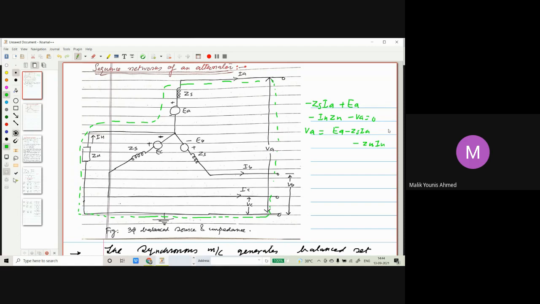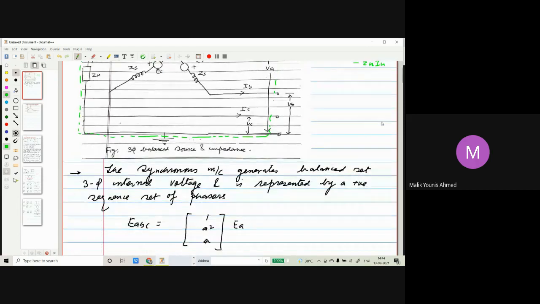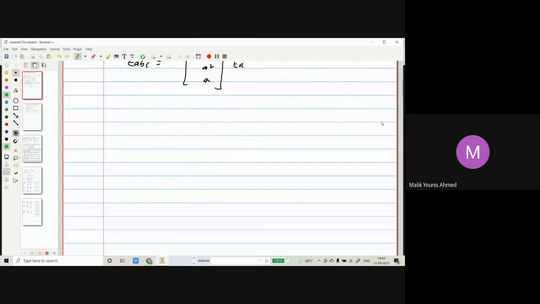The same equations we are going to write here. Applying KVL in each phase, VA is equal to EA minus ZS IA minus Zn IN.